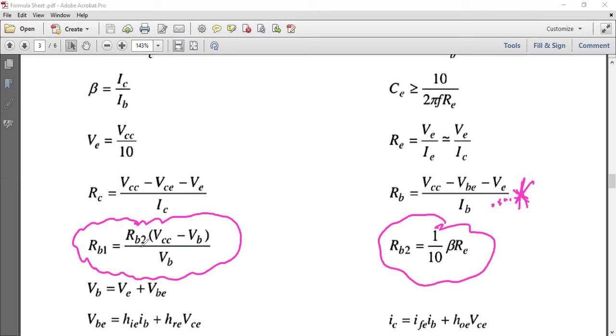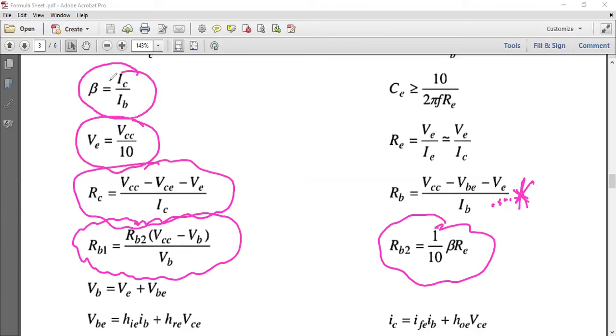But this time there is a voltage division, so you consider RB1 and RB2. Then RC is not going to change. When I take your RC as it is, you also saw that the VE, all these parts of the beta, the calculation of the CE is not going to change, and the RE is not affected.